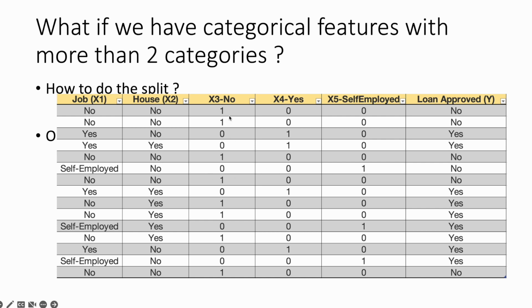Now what are we achieving over here? From a multi-category problem, we have made 3 new features. We have added new features. That's fine, but still I can do my decision tree split on these made up features, because now it only has the value 1 and 0, right?